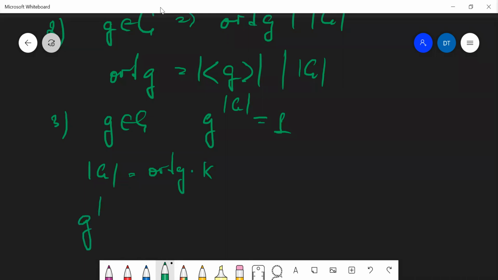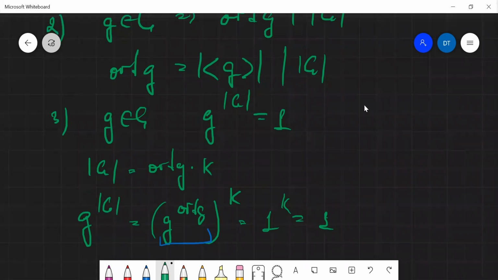But then g to the order of the group is equal to g to the order of g to the power of k, and this must be the identity element just by definition. So again, this is just a simple corollary.